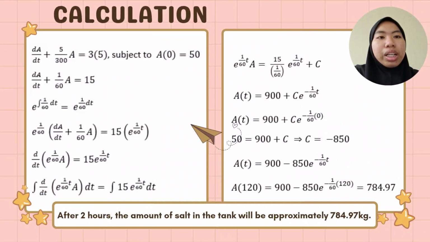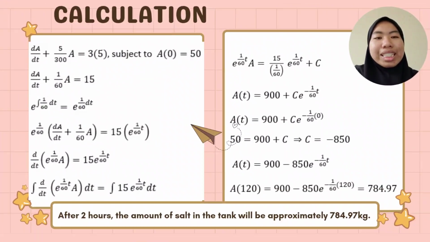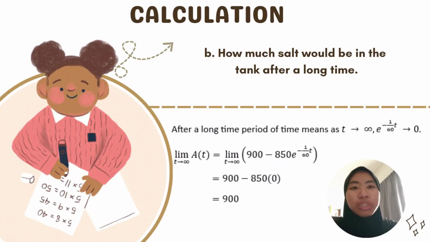So, we get 900 minus 850 e to the power of negative 2. So, the answer is 784.97 kg. Therefore, after 2 hours, the amount of salt in the tank is approximately 784.97 kg. Next, we go to question B.